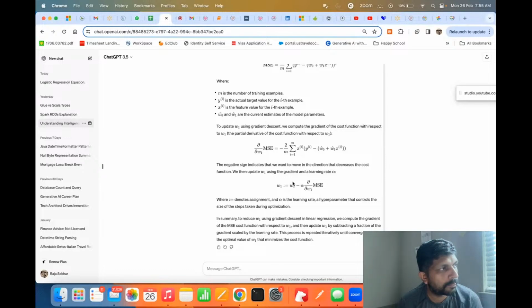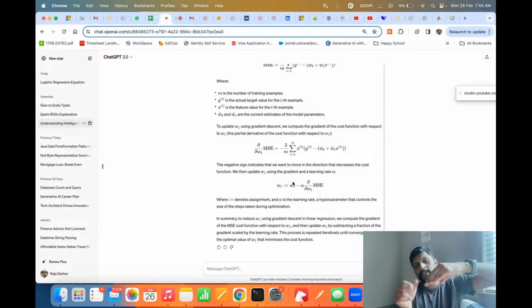Still basing on the initial w1 w2 and on these steps, what happens if the curve is like this, if you are here and the optimal point is here? It would not be a straight line, but you need to travel all this way, right? So how do you get there faster?